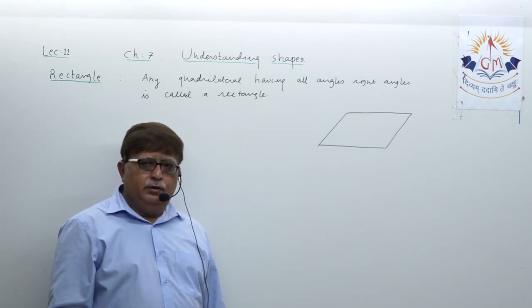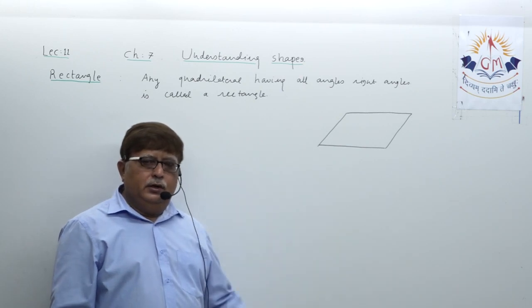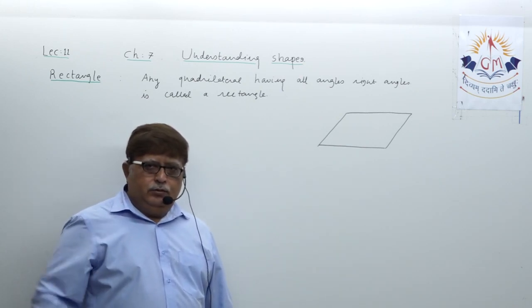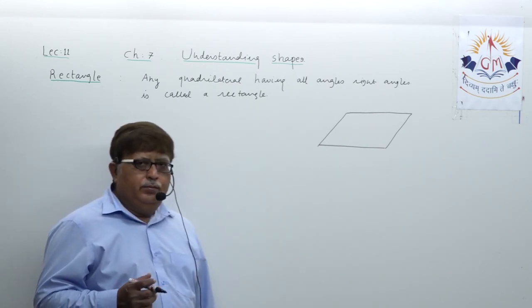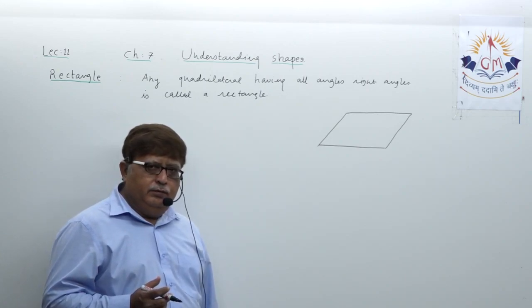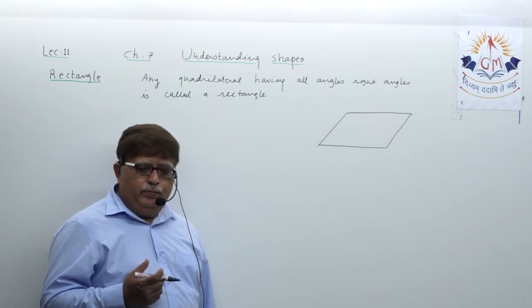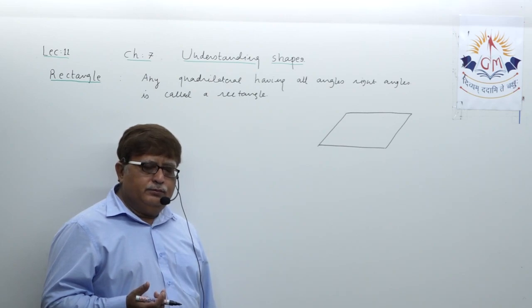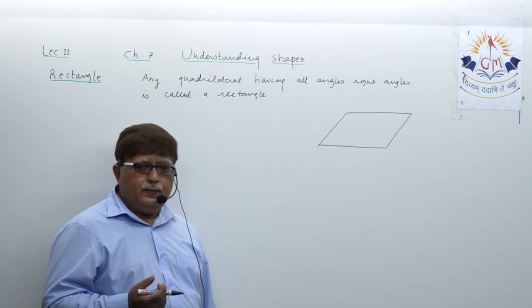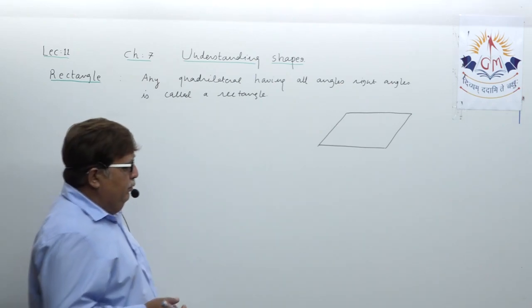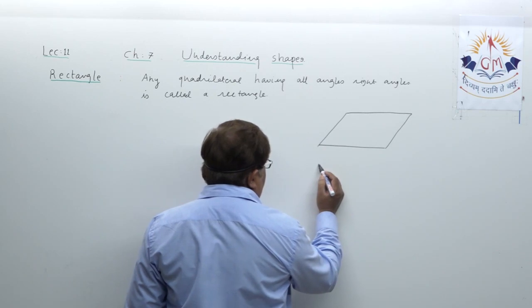In rectangle, both the opposite sides are congruent, like in parallelogram. So one property is common between parallelogram and rectangle, which is that opposite sides are equal. In parallelogram also they are equal. In rectangle also they are equal.